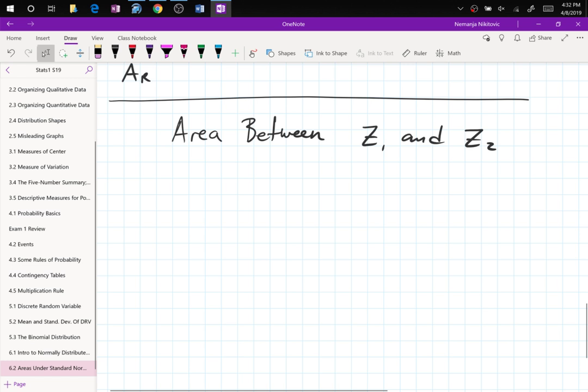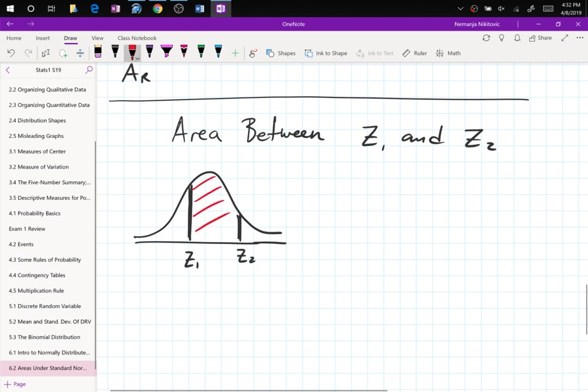You have those that are 6'1", 6'2", but you have also people that are 4'8", 4'9", 4'10". You just want to know what is the percent of people whose height is between the two. So we would like to have now 2 z-scores, Z1 and Z2, and look for the area in between. So how would we do that?